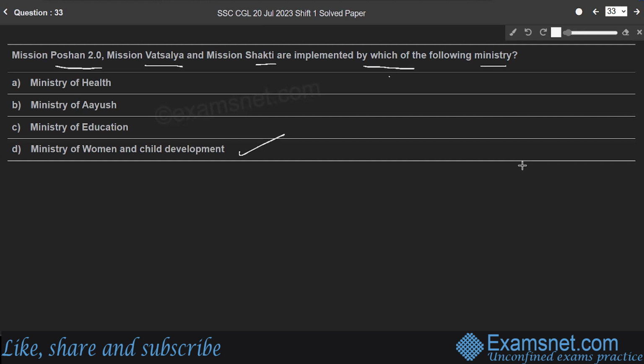For effective implementation of various schemes and programs of the ministry, all major schemes have been classified under three umbrella schemes: Mission Poshan 2.0, Mission Vatsalya and Mission Shakti. Option D is the right answer.